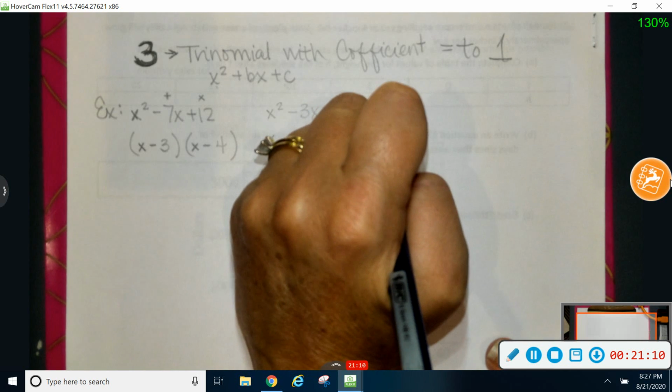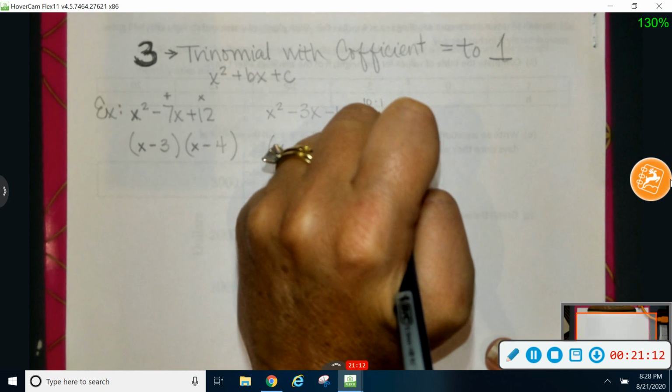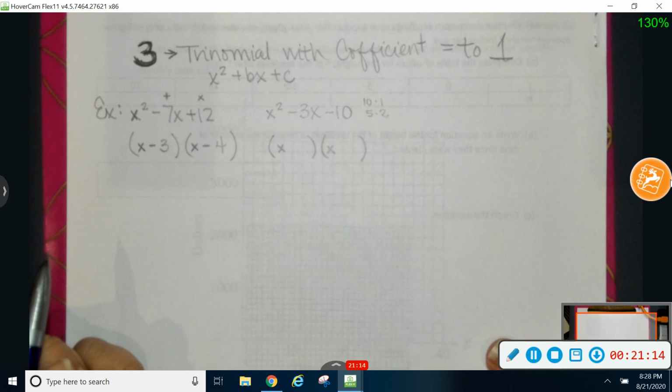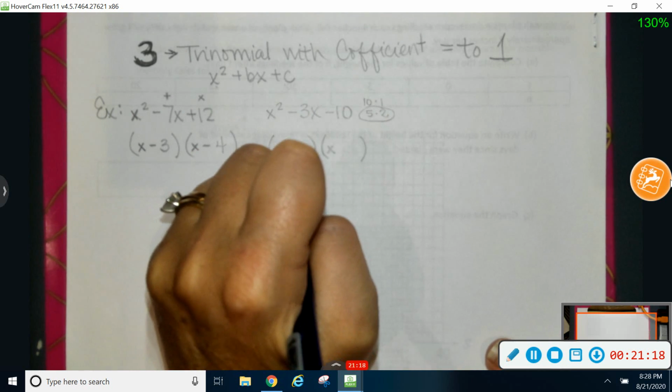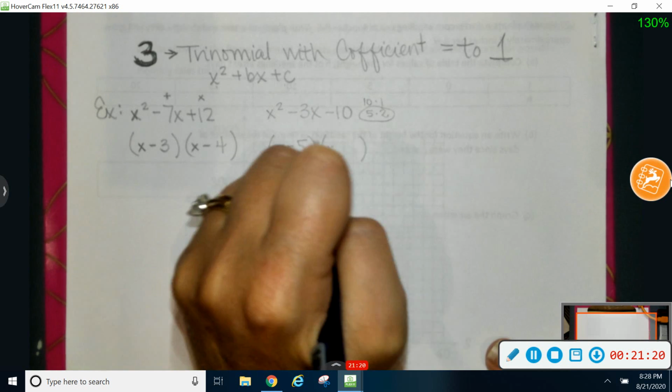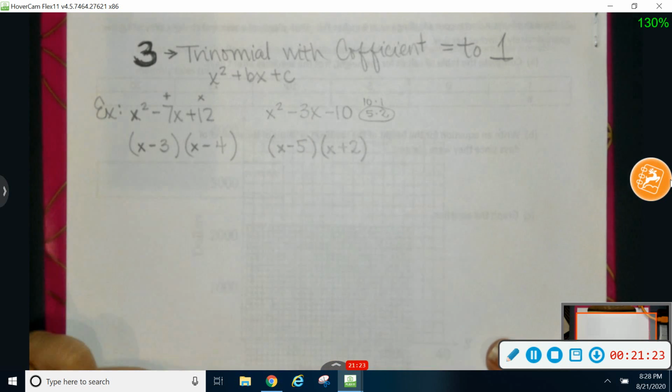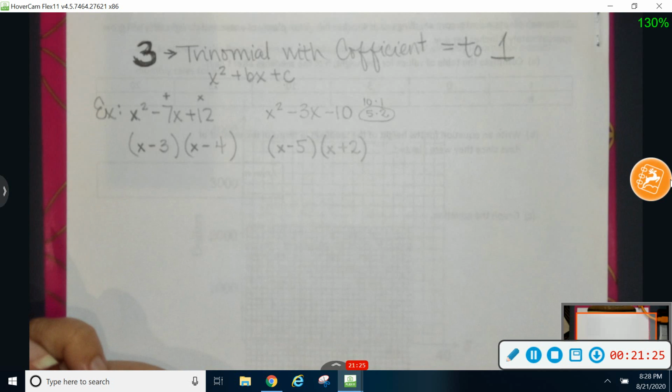So we're either looking at 10 times 1, 5 times 2. Which one can take us to 3? Well, it looks like 5 and 2 can. So we need a minus in the end. So I need my bigger number to be negative 5. I'll finish it out with a plus 2. Again, if I FOILed back, I should get back what I started with.